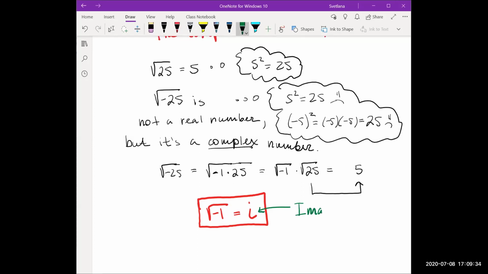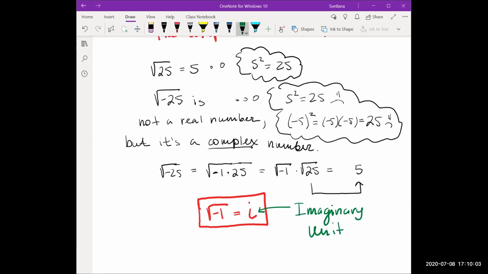Imaginary unit. So i stands for imaginary. Well, the word imaginary is used because, once again, when we look at the real numbers, you can think about the ruler or numbers that we use in real life to measure things, to weigh things, we cannot take the square root of a negative number.